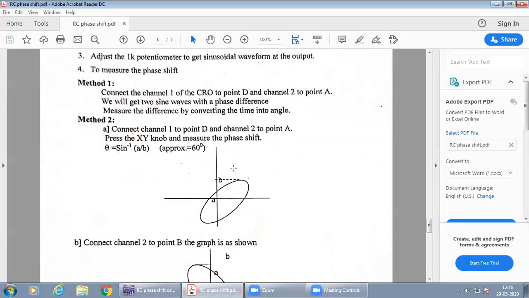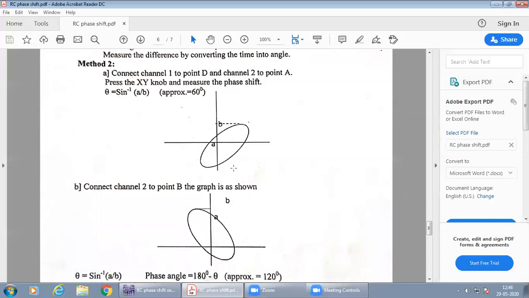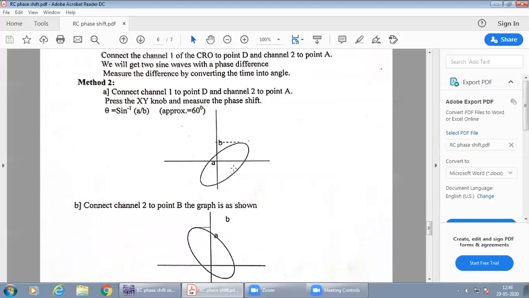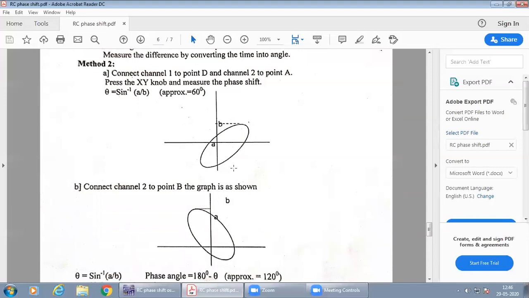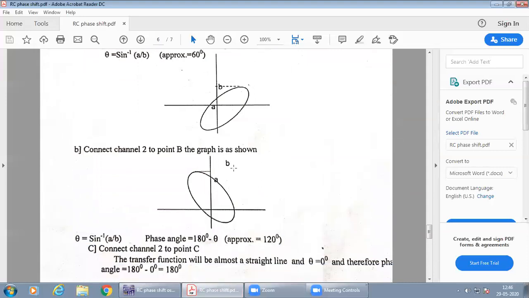The measurement of the phase angle is given in the material here, where method 2 will be appropriate. It's clearly given in the material.